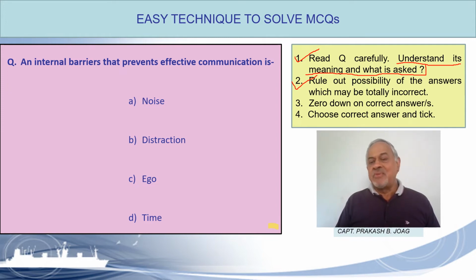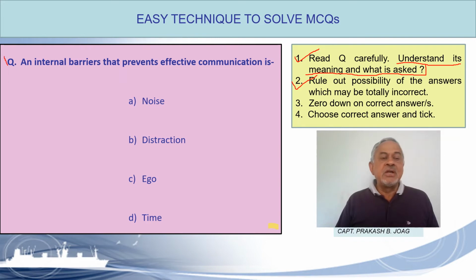Rather than having 25% chances of giving the right answer, now you have zeroed in on 50%. Thereafter, you zero in on the correct answer and then choose the correct answer and tick mark. Okay. So these 4 steps, how to implement and how to do it, let us see now.